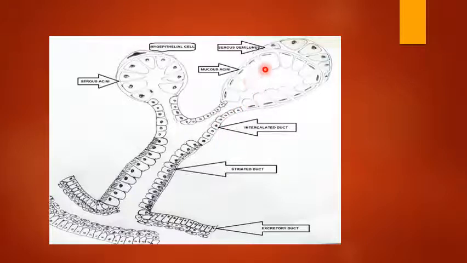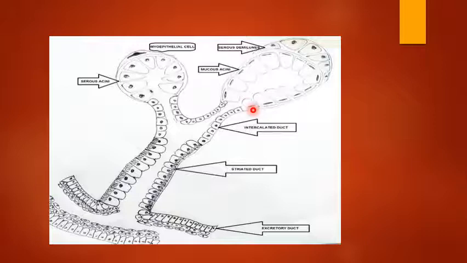The mucous acini has got a larger lumen as compared to the serous acini. Normally 8 to 12 serous acini are present in a secretory unit, whereas the mucous acini are greater in number.